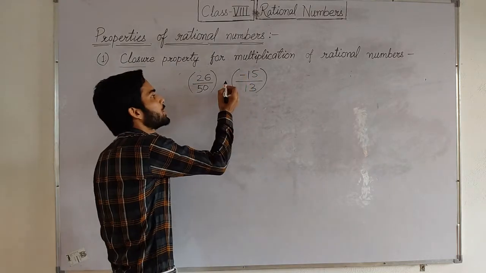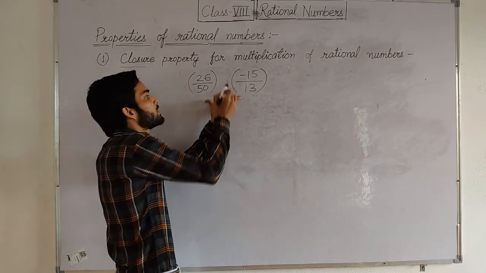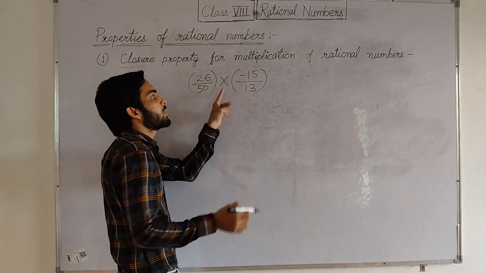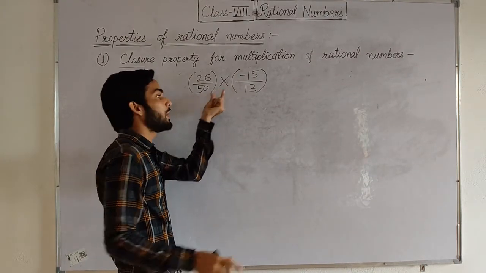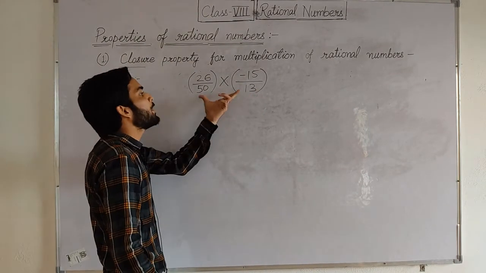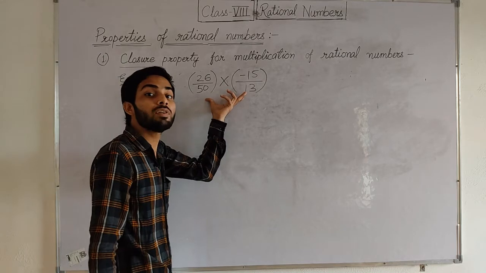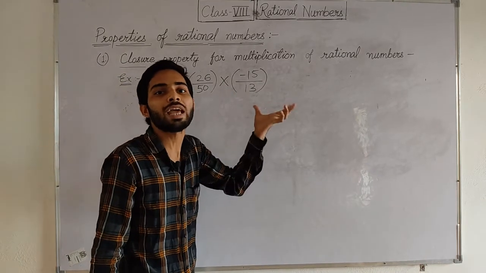What is the operation here? The operation is multiplication. By multiplying two rational numbers, what will we get? We will get a rational number or not? We are going to check it.